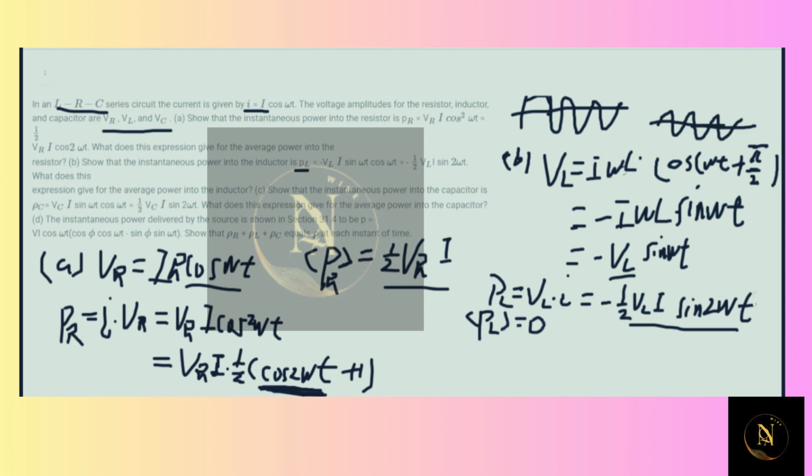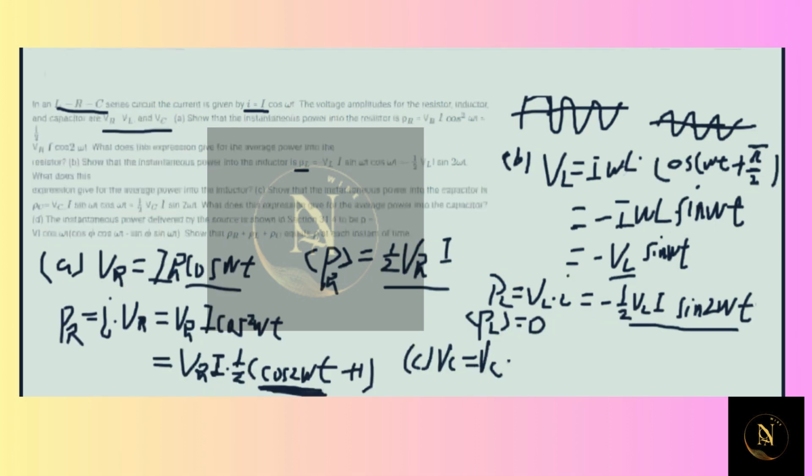And for part C, it's similar stuff. So VC in this case will be equal to VC times sine omega t, because for the capacitor, this will be a minus pi over 2, okay?